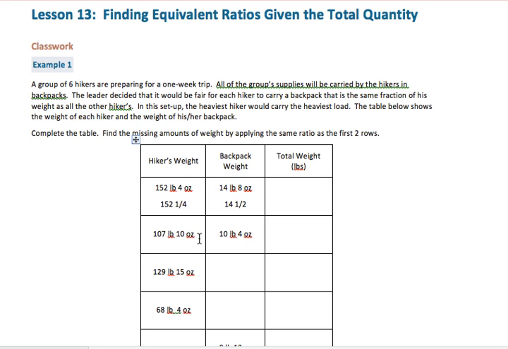We'll do the same thing with the second numbers before we go to calculate. 107 pounds and 10 ounces, 10 out of 16 ounces would simplify to 5/8 of a pound. And then finally 10 pounds 4 ounces would be 10 pounds and 1/4 of a pound for the 4 ounces.